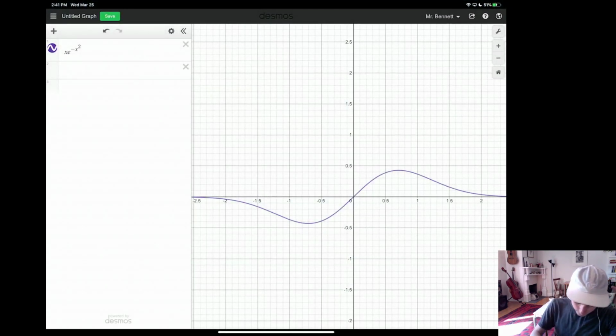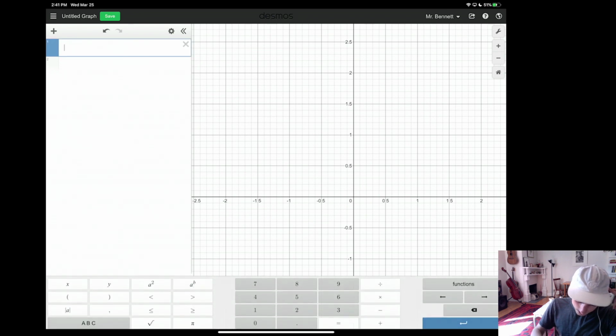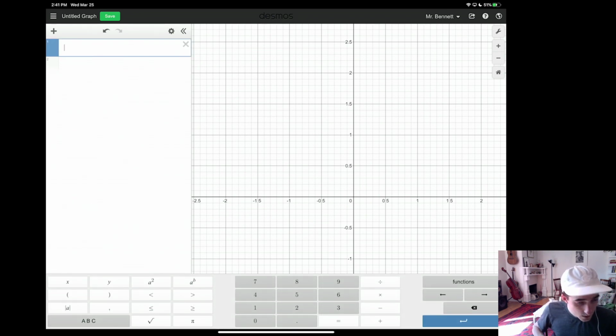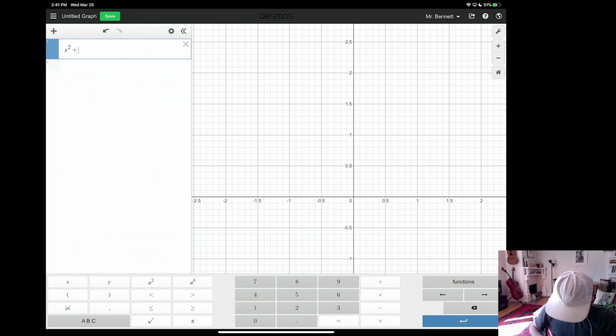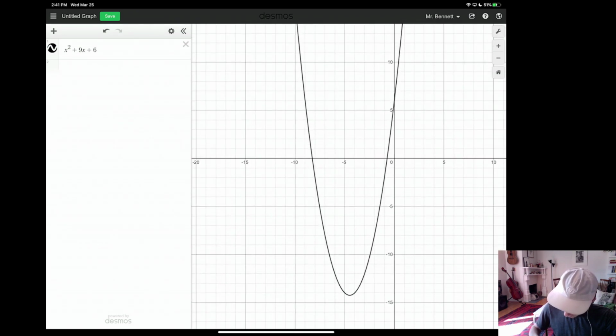So I'm going to head over to Desmos and graph this. And what did we have? It was r. I'm going to use x instead of r. It doesn't really matter which variable we use. So I've got x squared plus 9x plus 6. And would you look at that?